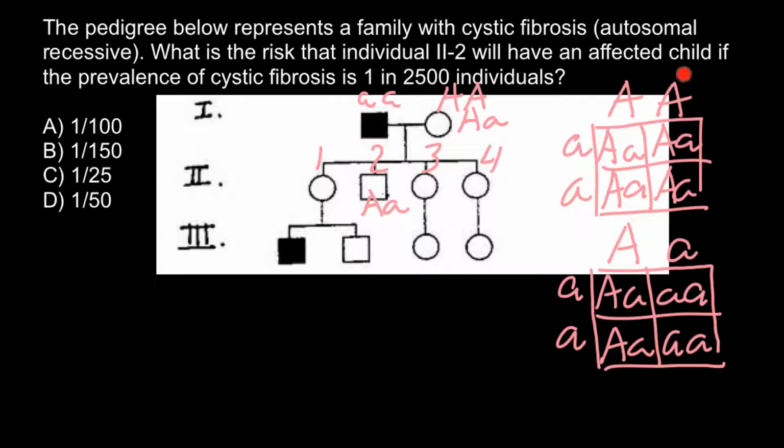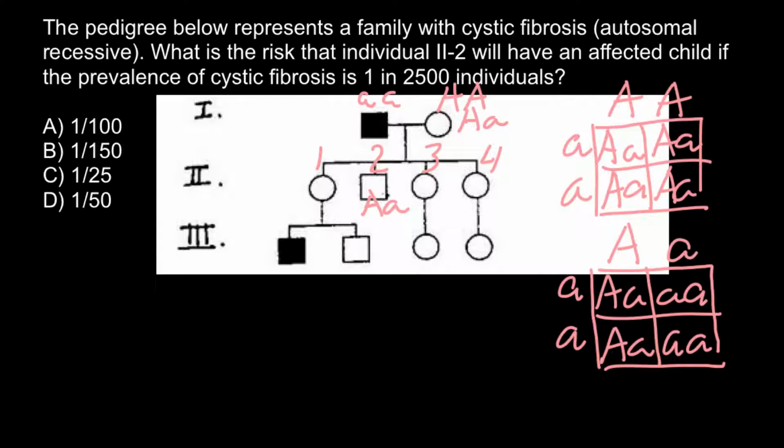So the results are different. If we assume that this female is homozygous dominant, 100% of all the progeny would be obligate heterozygous. But if we assume that this female is heterozygous herself, we see that 50% of the progeny would be affected and 50% would be heterozygous.